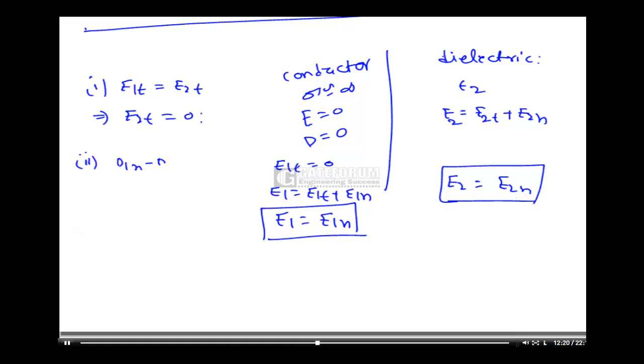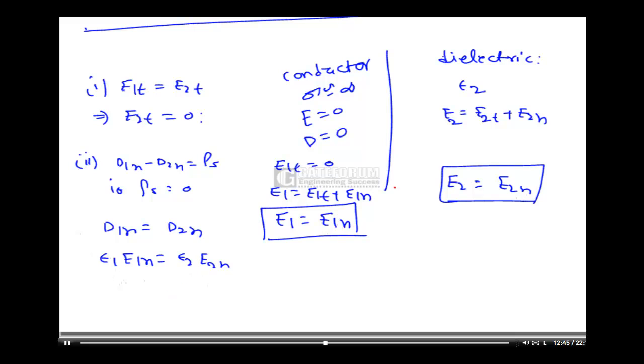What is the secondary boundary condition? D1n minus D2n is equal to rho s. Suppose rho s is equal to 0. D1n is equal to D2n, which implies epsilon 1 E1n is equal to epsilon 2 E2n.